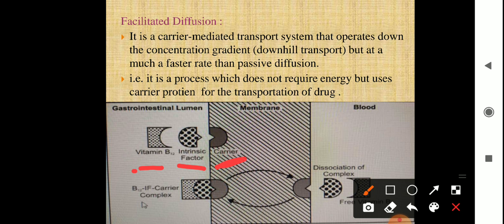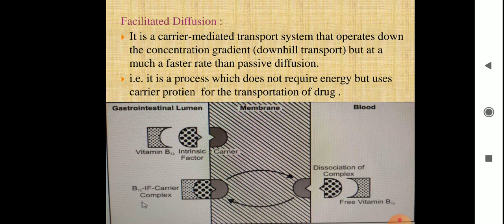And after that, here you can see this B12, intrinsic factor plus carrier, these three will combine and the complex will form. After that, it will move the drug from the GI to the bloodstream through the membrane with the help of the carrier and intrinsic factor.